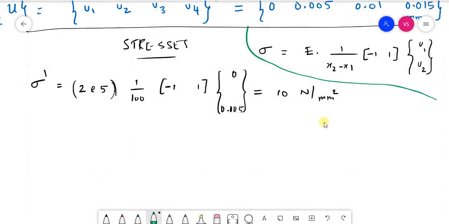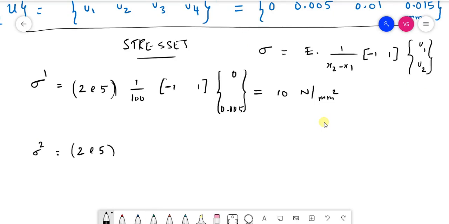Now for the second element, again 2E5. Even for the second element, we should write x3 minus x2, but x3 minus x2 is nothing but again length of the element, which is 100 as before, because in this problem we have been using elements of equal length. So this will also be 100 times minus 1 1.